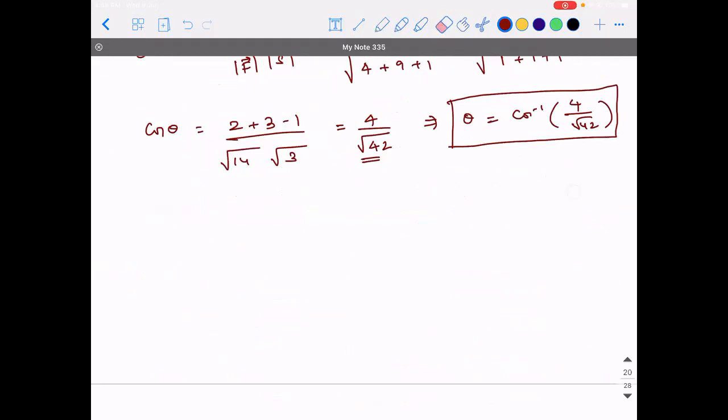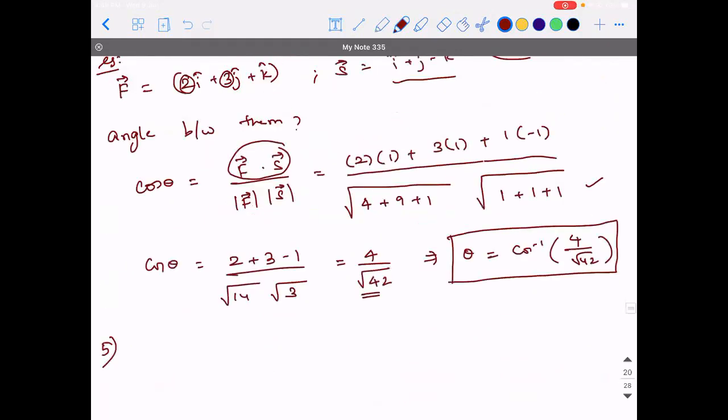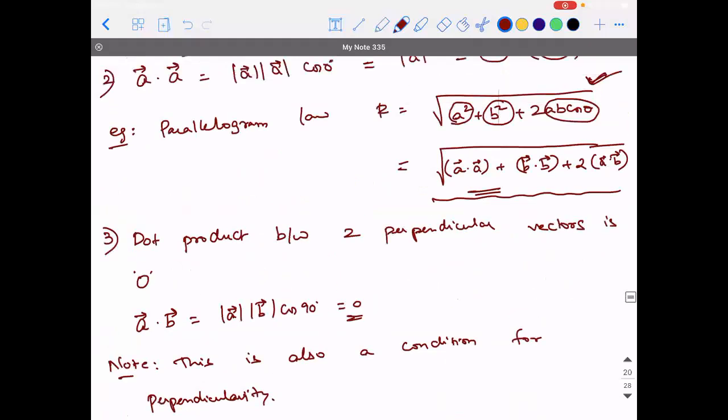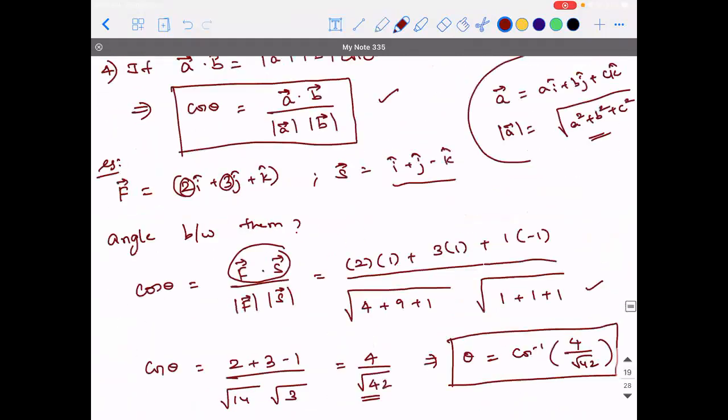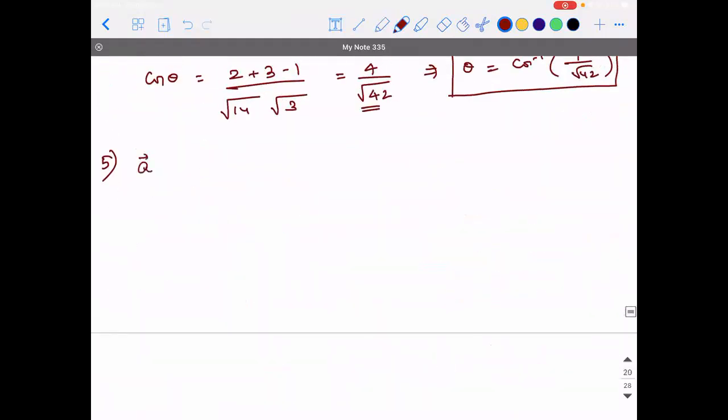Okay, I want to add one more point also, which is generally not given. I'm going to borrow the idea from the second concept. I told you a vector dot a vector is nothing but a square, right? Suppose a vector plus b vector dot a vector plus b vector is given.